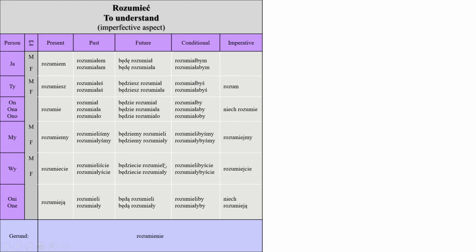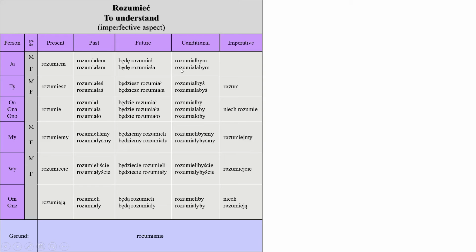The same for all. Here in the plural, my będziemy rozumieli, we will understand, using the third person of the past, the plural. My będziemy rozumiały means that we are a group of girls telling each other that we will understand, okay?